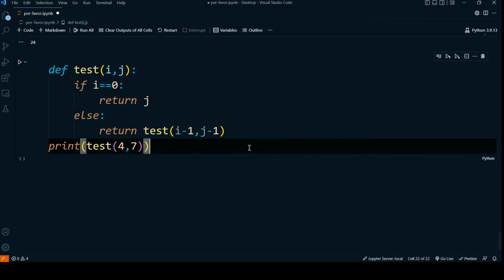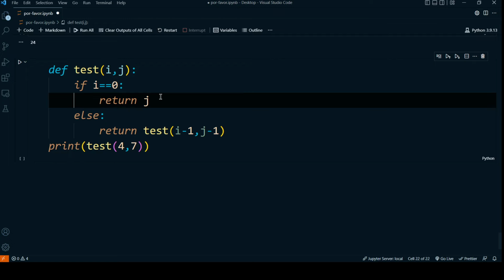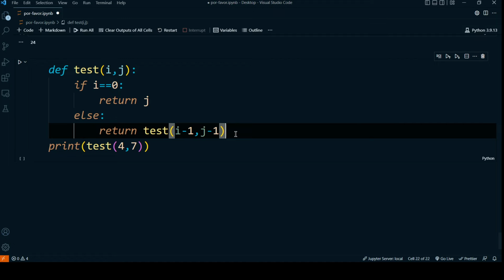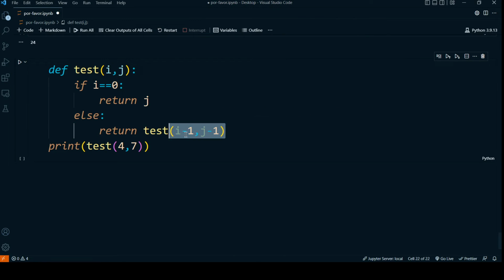So look at this code very carefully. What is our base condition in this case? It is when i is equal to 0, then return j. And in this function we are not performing any calculation. Third part, it is optional, but yeah. And recursive, how is recursion being called? We are doing this problem, which is i minus 1 and j minus 1.